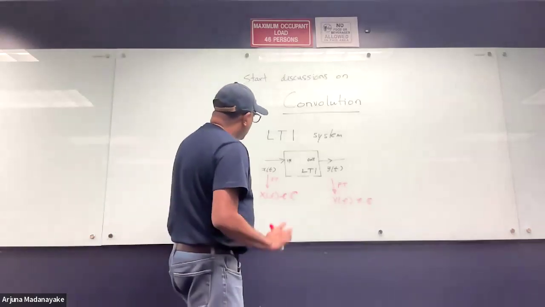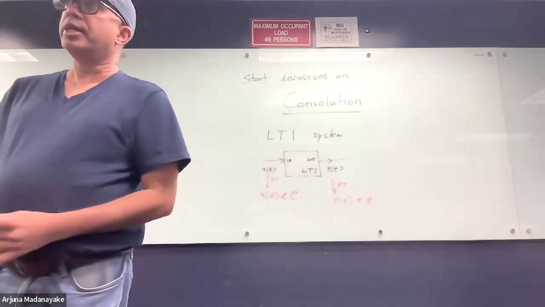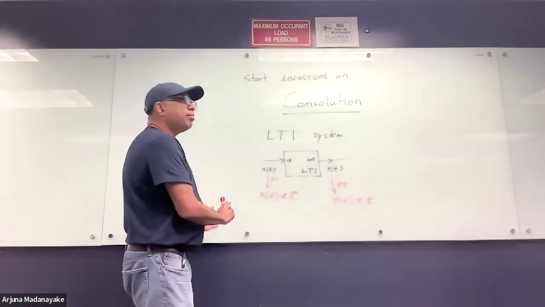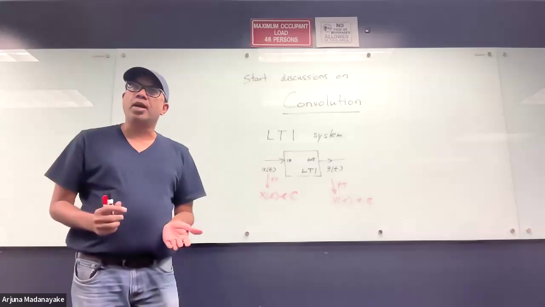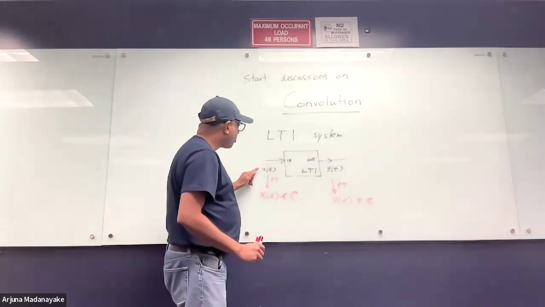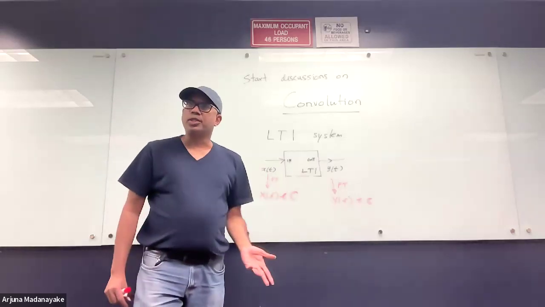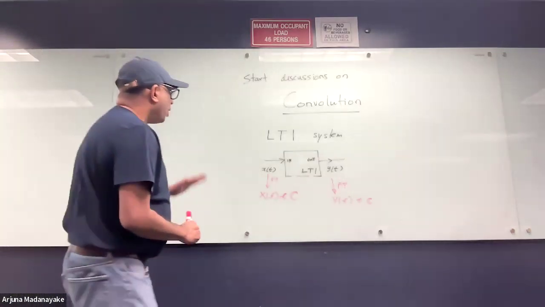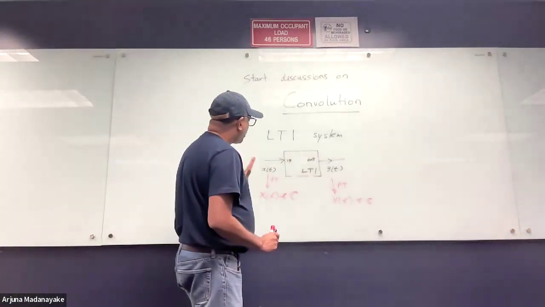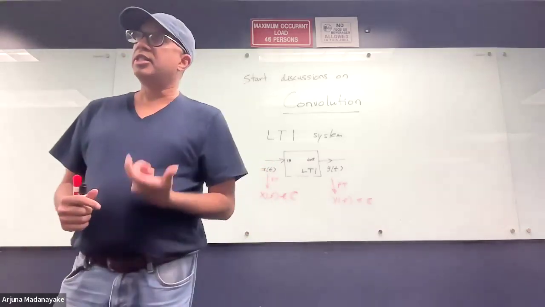But the information that is contained in the time domain version x of t is exactly the same as what is contained in the frequency domain. They are just two duals of each other. There's nothing in the time domain that's not already encoded in the frequency domain and vice versa. A very important thing to remember is that whether you are in the time domain or in the frequency domain, you are describing the same physical thing, the same physical circuit.